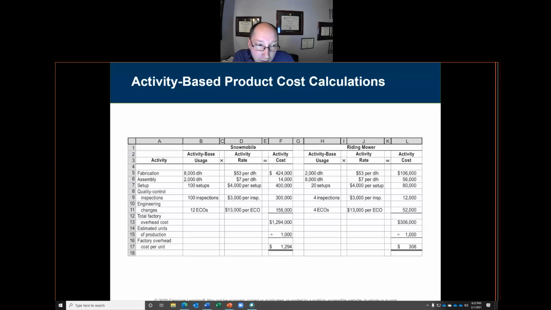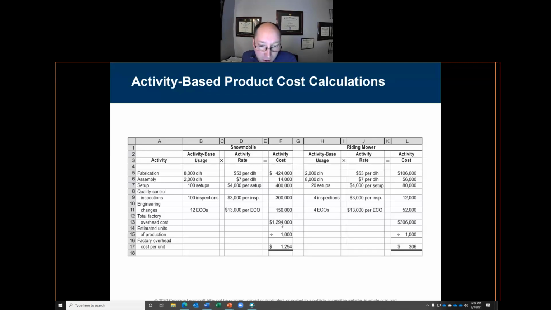You add up all of those activity costs, 424 plus 14 plus 400 plus 300 plus 156 equals $1,294,000. We divide that by the estimated units of production. We said we're going to make 1,000 snowmobiles and 1,000 riding lawnmowers.